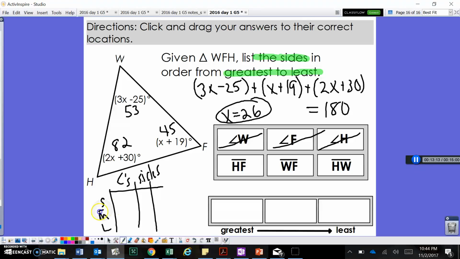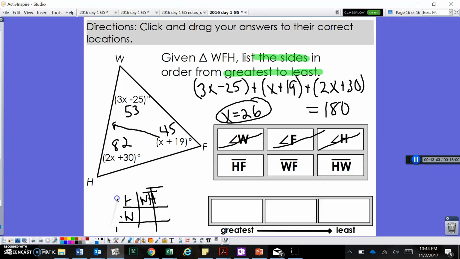The smallest angle is angle F, which corresponds to WH. Sorry, I'm running out of room here. Our medium one is angle W. I want to write that a little neater and give myself some room.